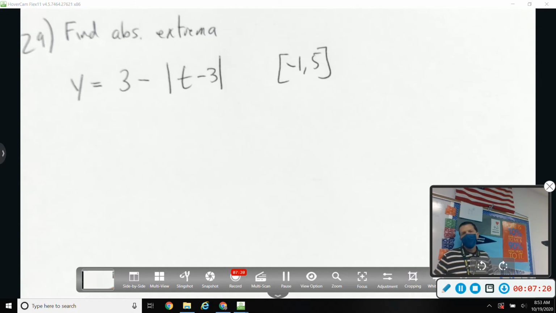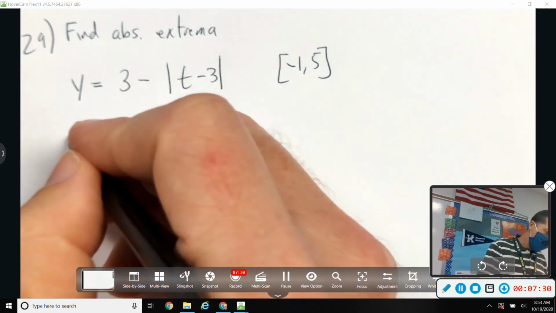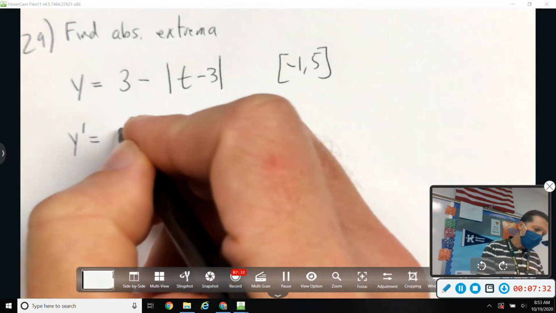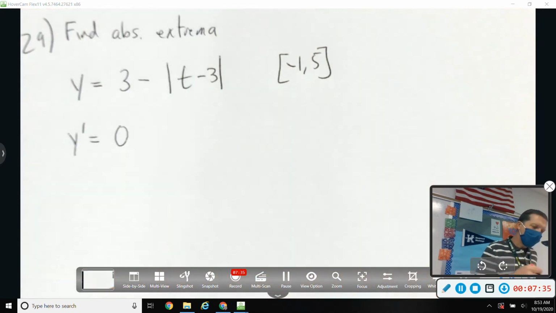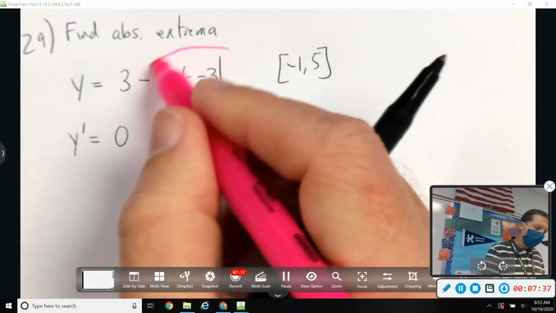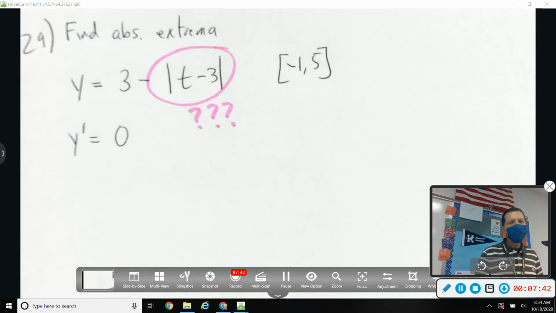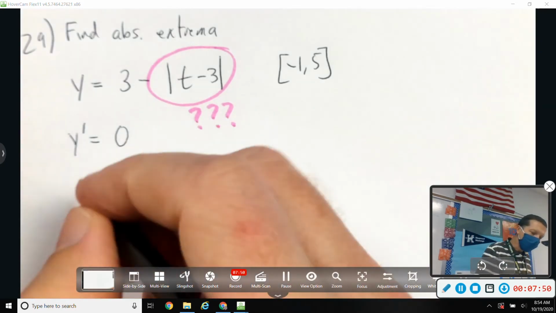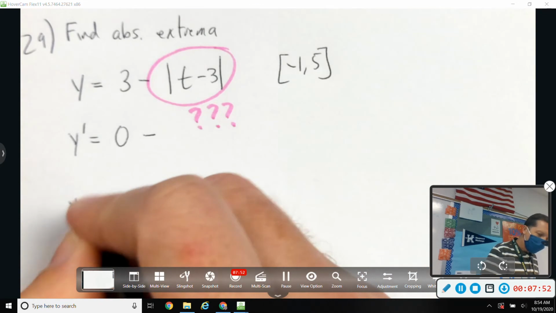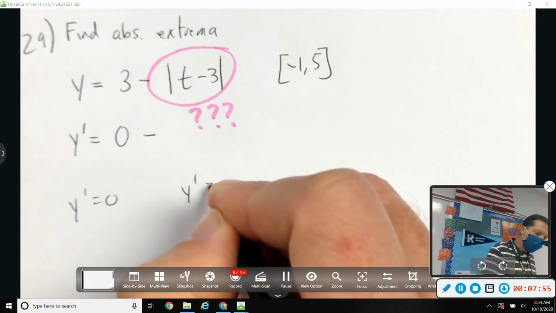I need to check the endpoints, I need to check the relative extrema, but I only find those from the critical numbers. The critical numbers come from the derivative, except that we have not taken the derivative of an absolute value. But we're taking a derivative in order to find where is the derivative equal to 0, or where is it undefined.